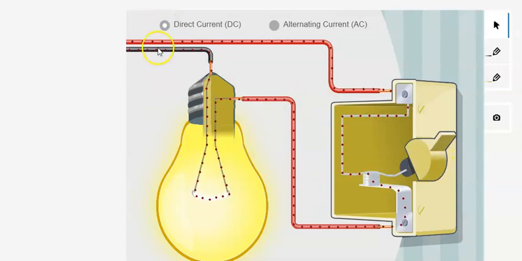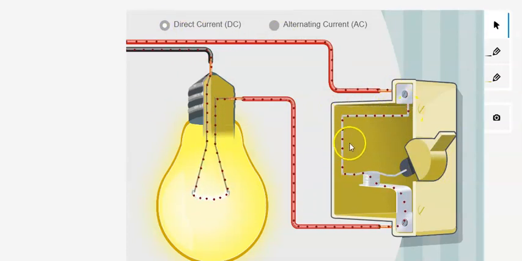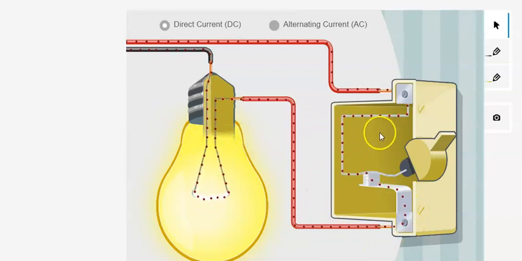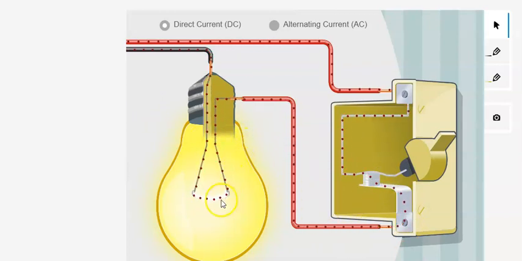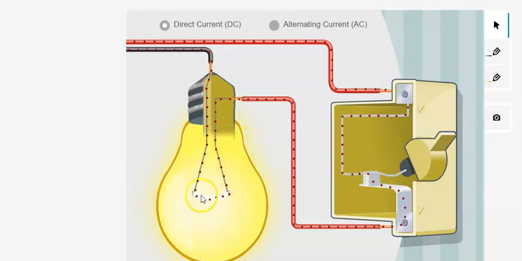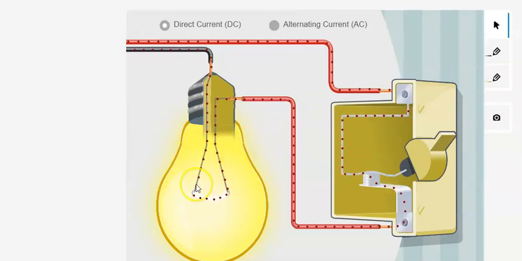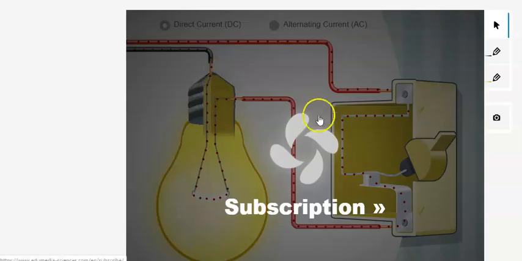This is what we expect for electricity. The electrons, the little white dots, are moving around the circuit in one way only, through the switch, through the light, which is a resistor, and that's causing the light to light up. So there's nothing new there.